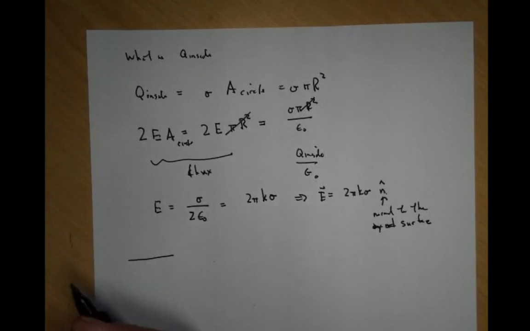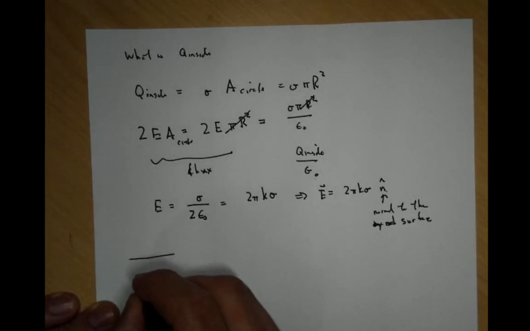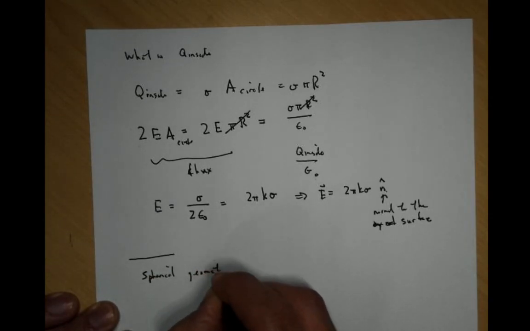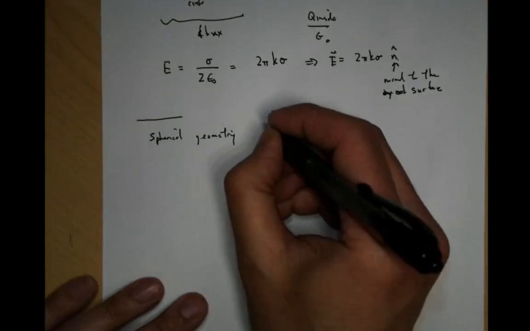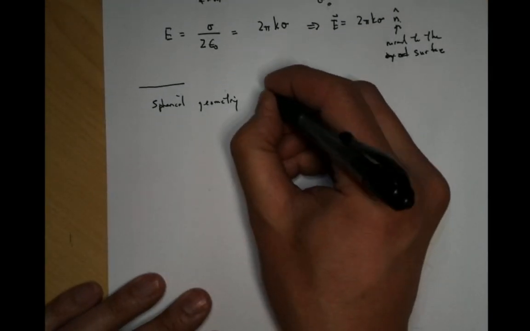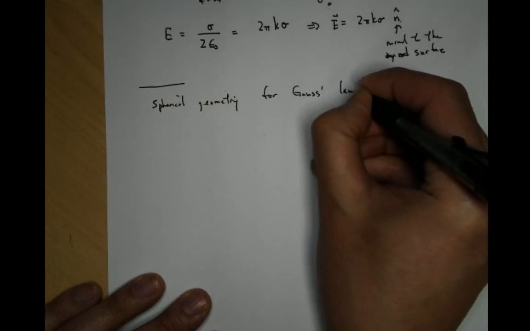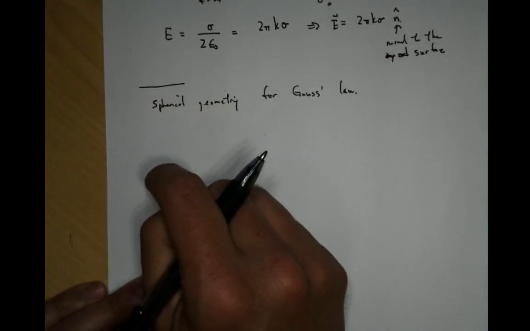So we just did planar geometry, but the other one, which is the most common one, is spherical geometry. So let's talk about spherical geometry for Gauss's law.